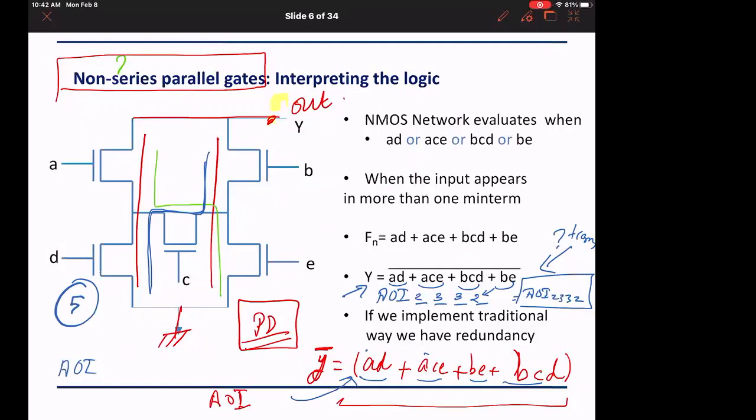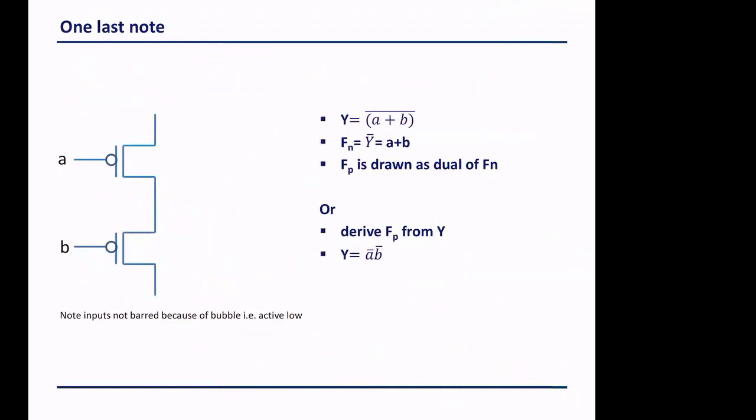The last thing that we have here, like a last note. We are looking here at a series of PMOS gates. We went straight to Y bar equal to A or B. We said draw the pull up as the dual of the pull down. Okay?